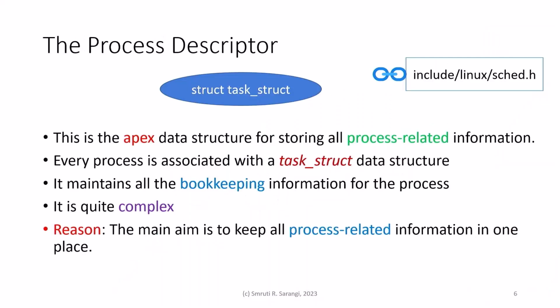So the key part, the key data structure in Linux is the process descriptor. And as I said, creation of the data structure is the main concern, right? How do you represent so much of information where a process can be standalone or it can be part of a multi-threaded grouping?